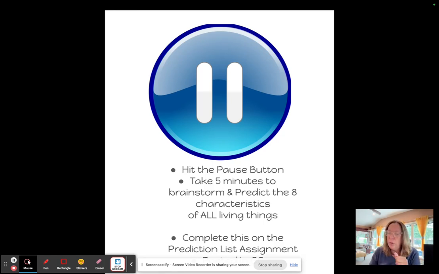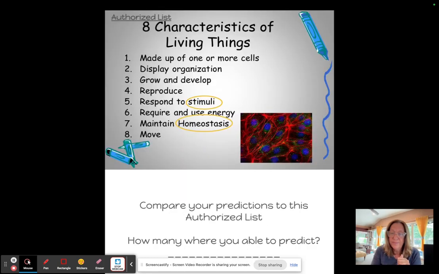If you don't get all 8, it's quite all right. If you get them all right or all wrong or something in between, it's all okay. This is just to get your mind starting to think about this topic. And so those 5 minutes start now. You're going to hit pause and complete that prediction page.